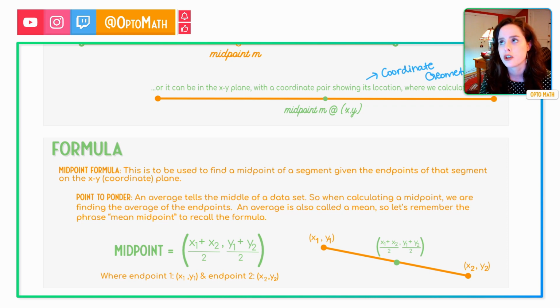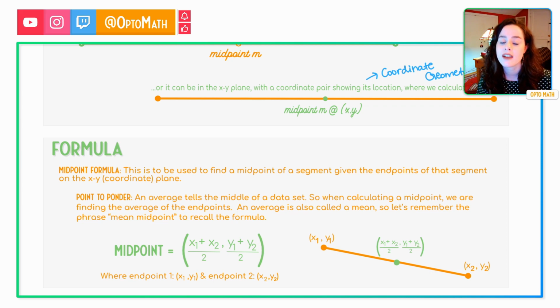Now think about, what do you do when you find the average of data? Well, you add up all the data and you divide by how many pieces of data you have. So if you have 2 endpoints, you're going to add up your x's and divide by 2, and add up your y's and divide by 2. And that gives you the midpoint formula.